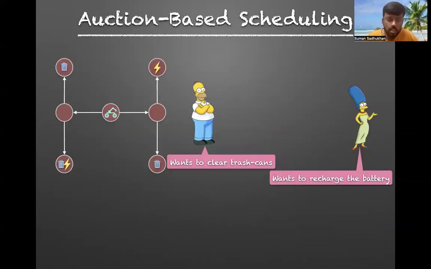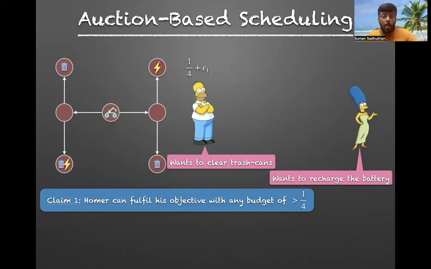And let's see an example here. So suppose there is a graph, and for simplicity, I'm showing a finite duration game. Homer just wants to visit these three vertices, and Marge wants to visit the vertices where she can charge the battery. So how do we approach this scheduling?